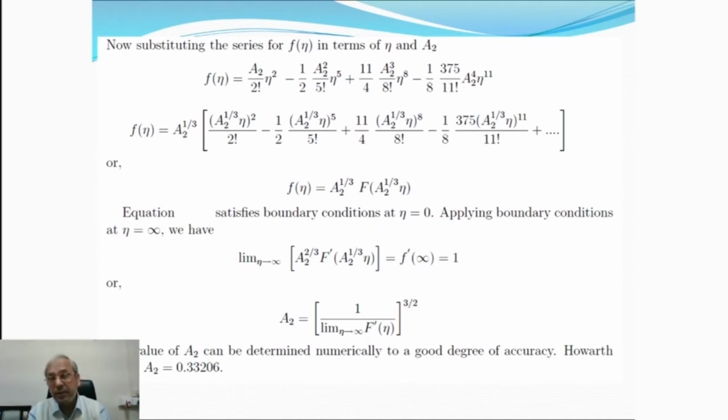That means at eta equal to 0, it has satisfied u equal to 0, v equal to 0, and del 2u/del y2 equal to 0.